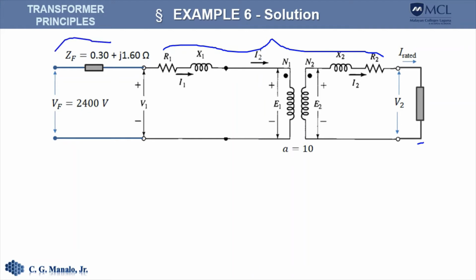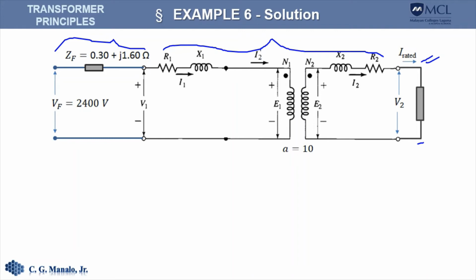Likewise, the feeder is also attached to the equivalent circuit. Take note that the load is drawing rated current from the transformer. That would mean that the transformer is supplying rated current to the load.